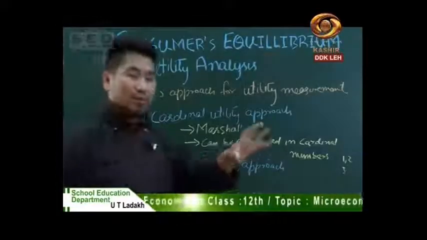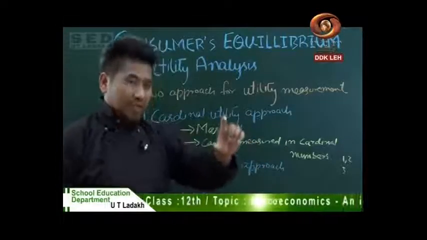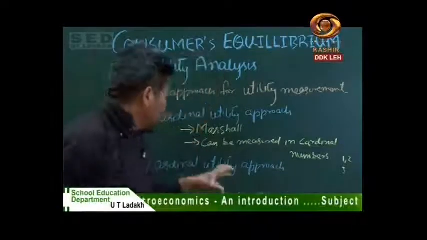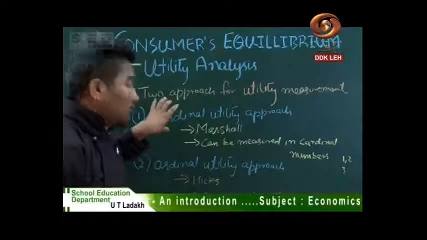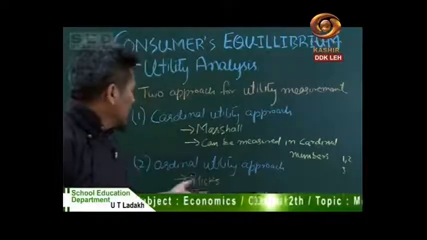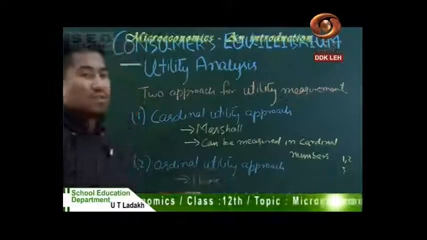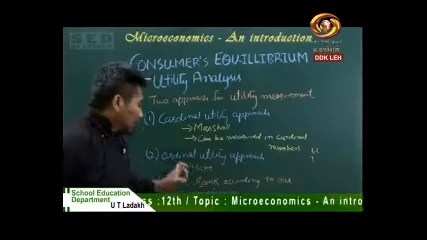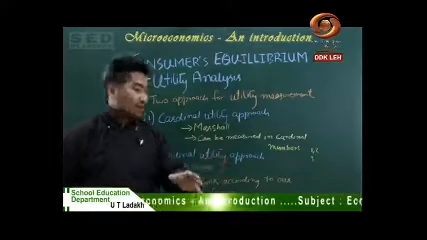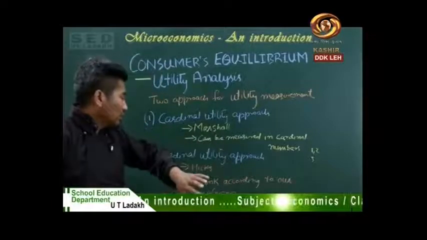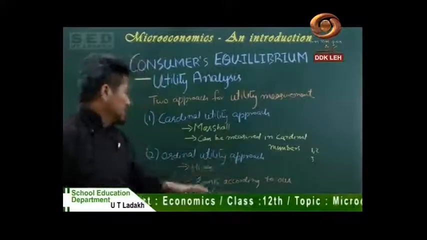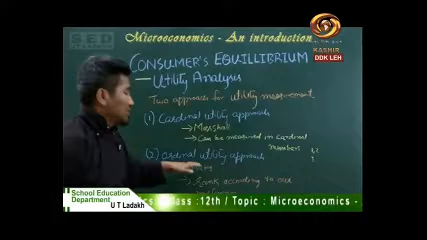For example, you are provided with a cup of coffee and a cup of tea. Now if someone asks from which one you will get maximum satisfaction, then according to this approach you won't be able to say it in an exact number, but you can prefer. You will say I would prefer coffee over tea. It means you think you will get more satisfaction from the coffee than from the tea. This is what this approach means.